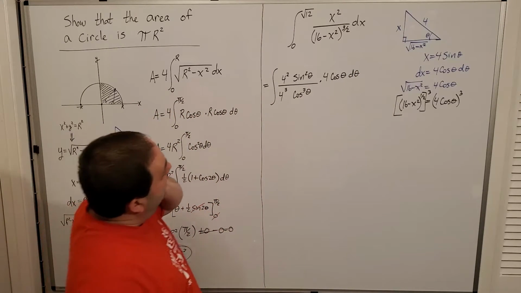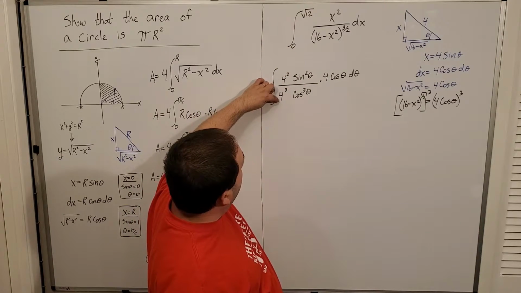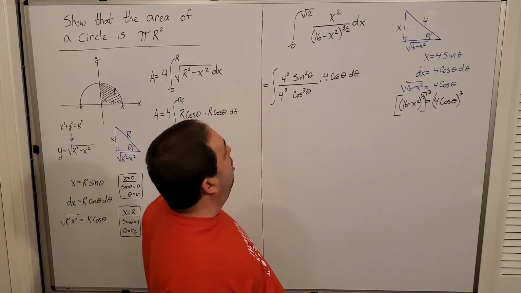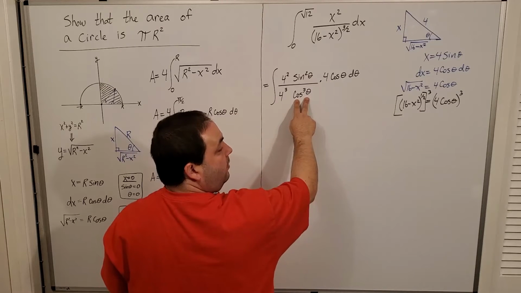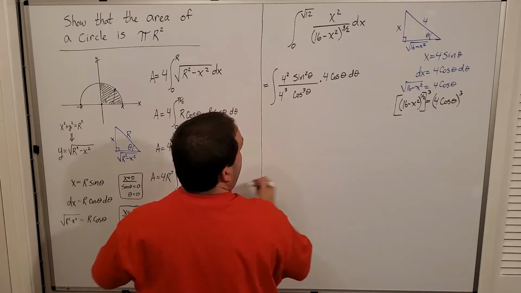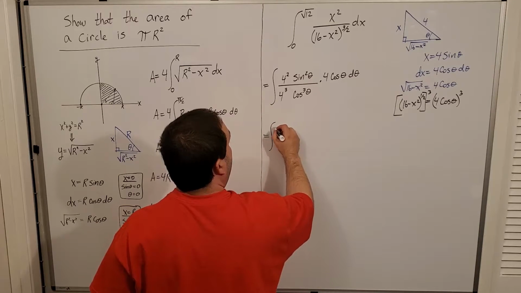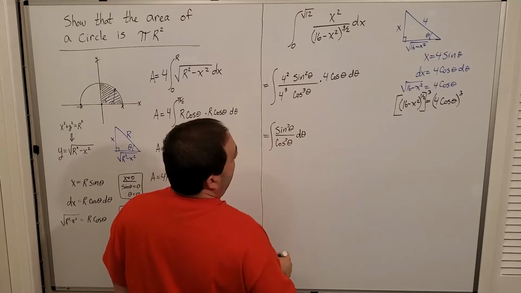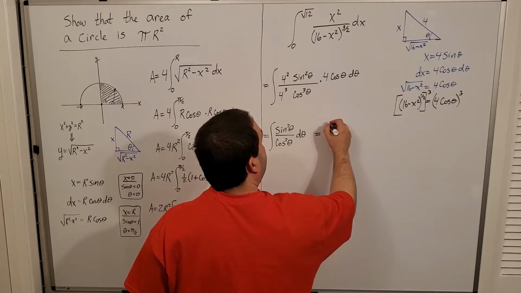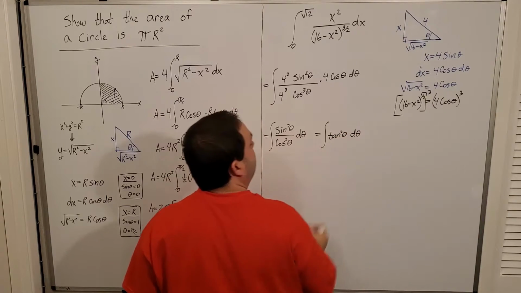Okay, so notice I've got 4 squared times 4, which is 4 cubed, and I've got a 4 cubed in the denominator, so the 4's are going to all wipe out. I also have a cosine wiping out with one of my cosine cubed constituents too. So I'm left with an integral of sine squared theta over cosine squared theta d theta, which I will treat as a tangent squared theta d theta.